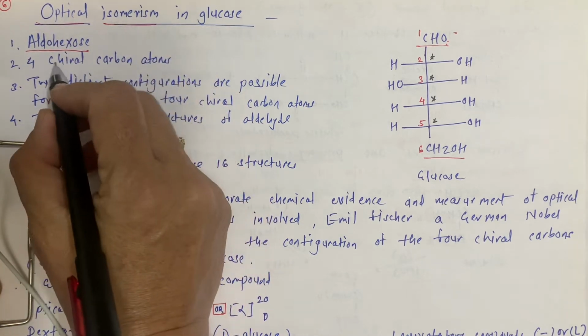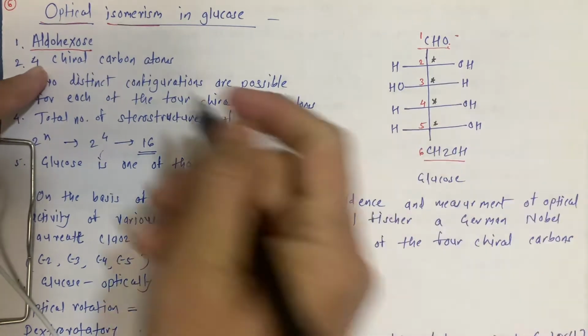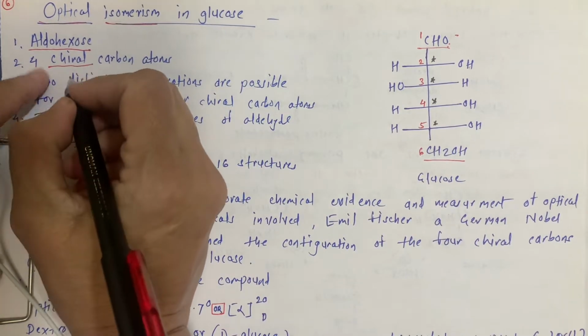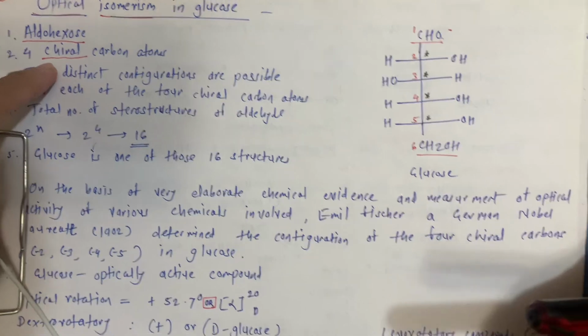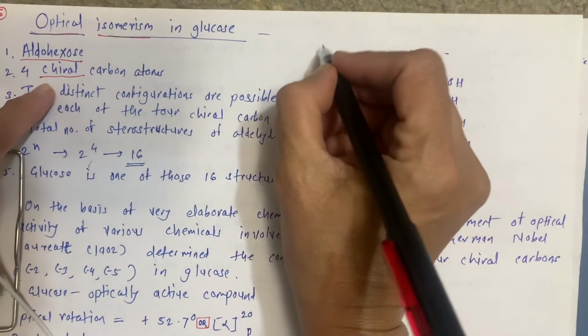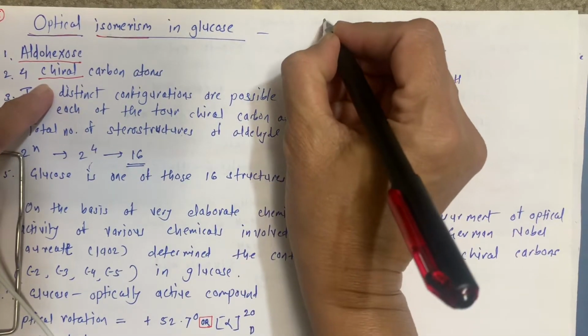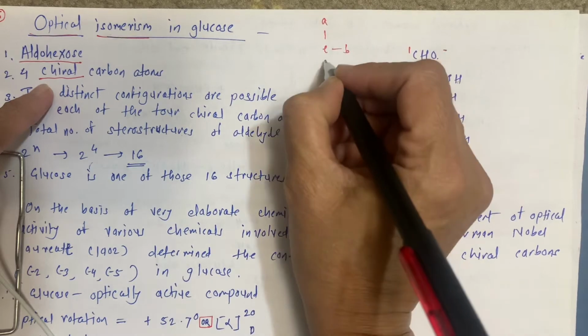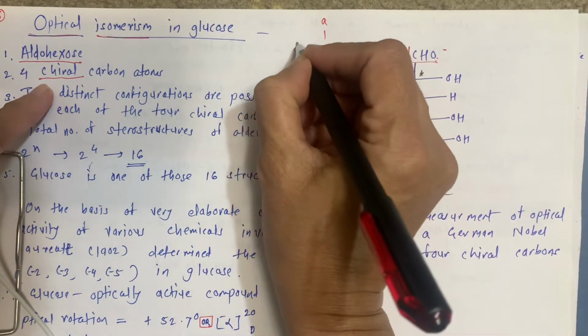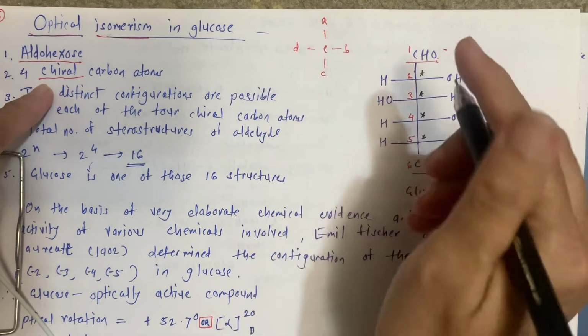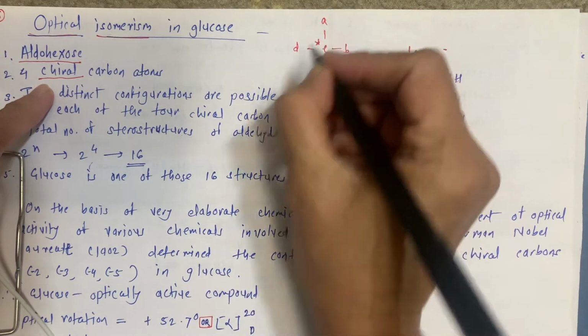Now see, the next thing, that is the chiral carbon atoms. We studied chiral carbon also in the halogen derivative chapter. What is that? If there is a carbon and to this there are 4 different groups attached, like this, A, B, C, D, then this carbon is known as a chiral carbon.